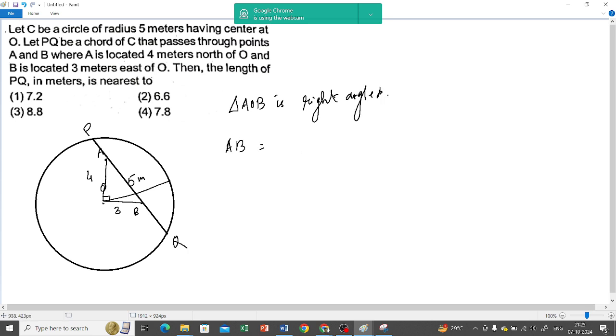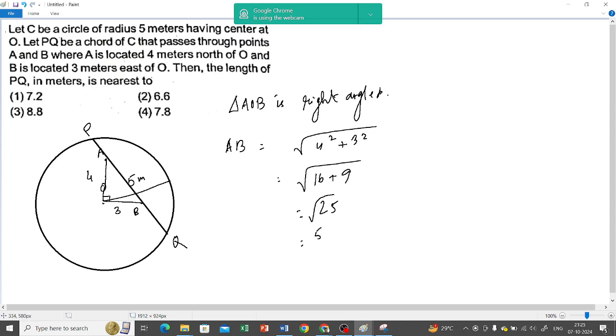What is AB? Root over 4 square plus 3 square, তাই তো? That is 16 plus 9, that is 5. Okay, so remember AB is 5. I need to find out then the length of PQ in meters.